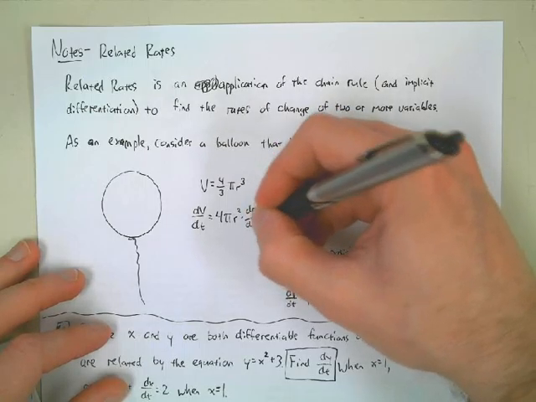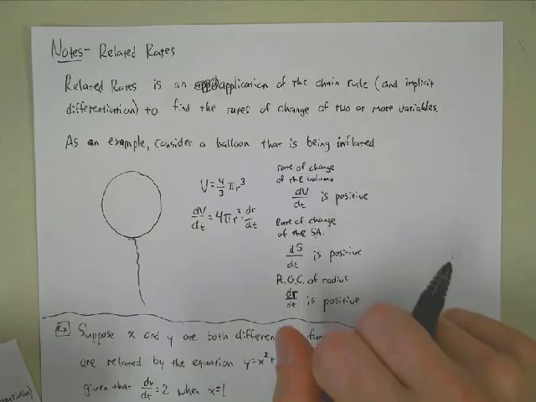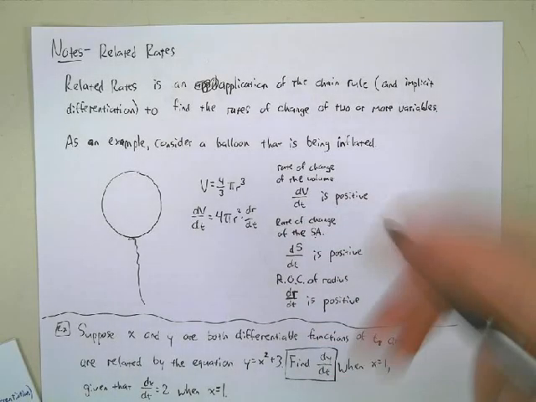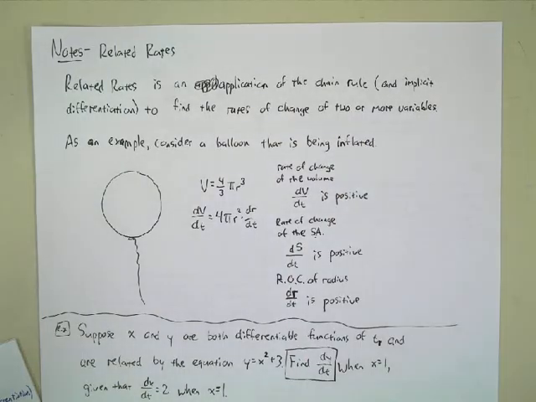And so here's the relationship between the rates there. And then, of course, you need a scenario. You'd have information like, what's the rate of change of the volume of the balloon when its radius is 3 and its radius is increasing at a rate of 10 inches per minute or something like that. You understand? So something like that.